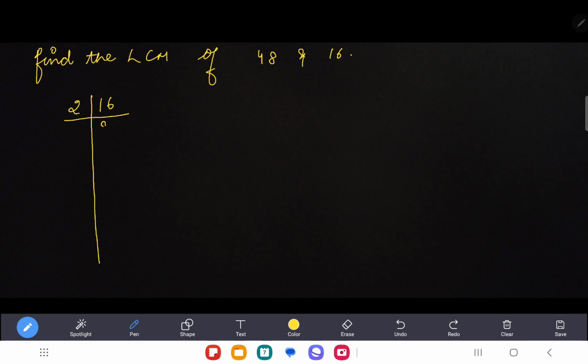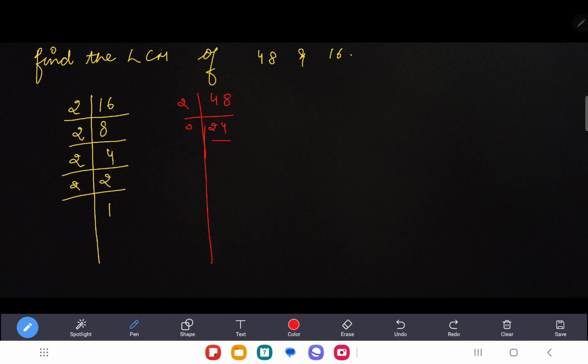So you say 2 times 8, 2 times 4, 2 times 2, 2 times 1. You also prime factorize 48. So you say 2 times 24, 2 times 12, 2 times 6, 2 times 3, 3 times 1.